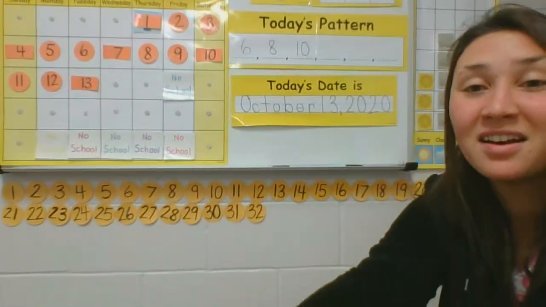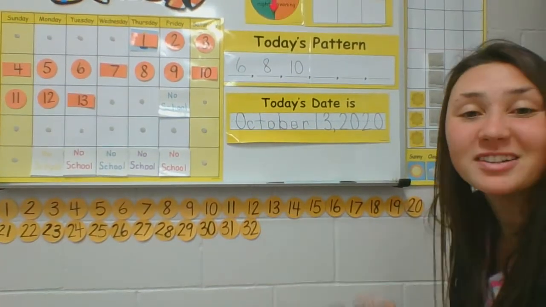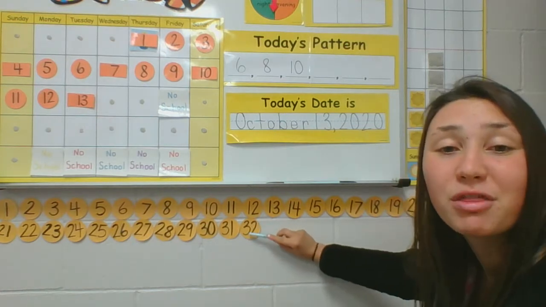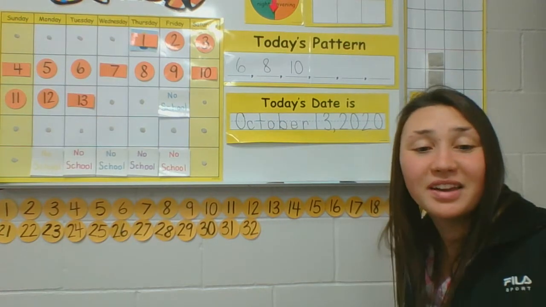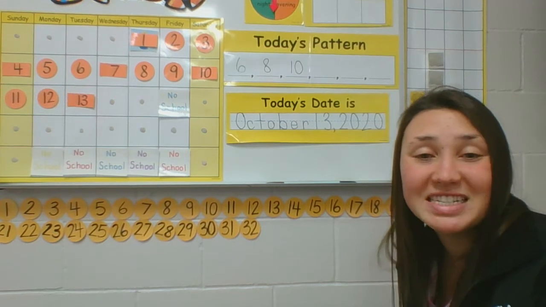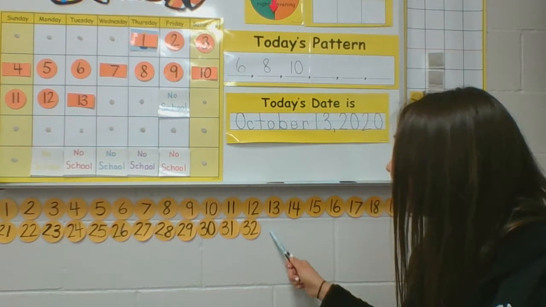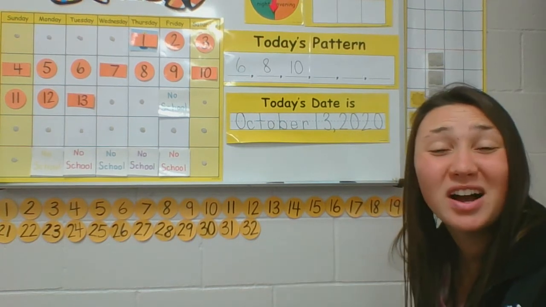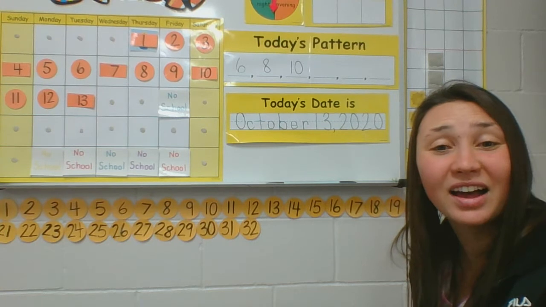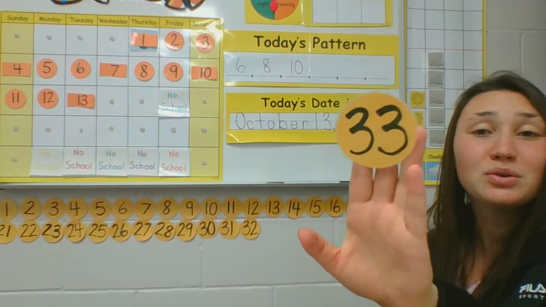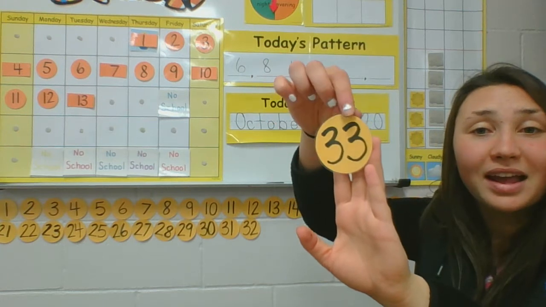You can see from the yellow numbers that yesterday we were up to 32 days in school, which means today, what are we going to be up to today? After 32 comes 33, yeah. And 33 is made up of 2 3s, 3 and 3.